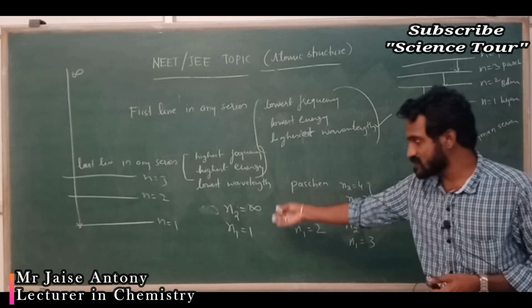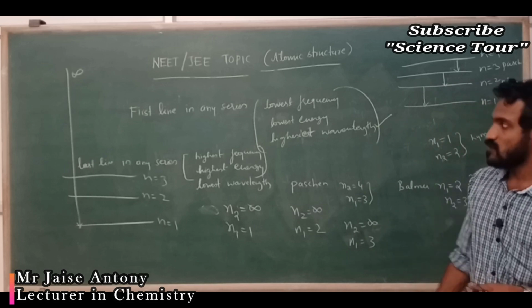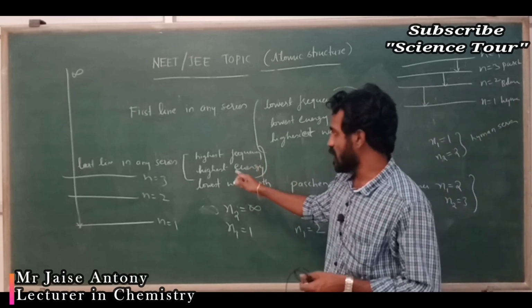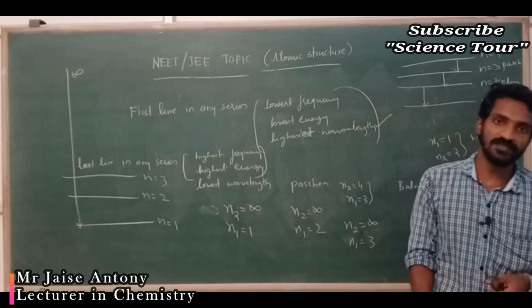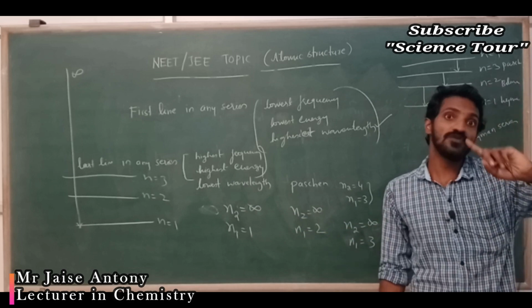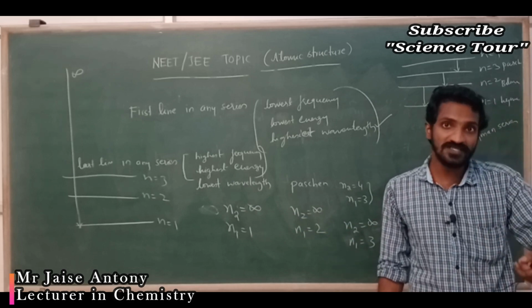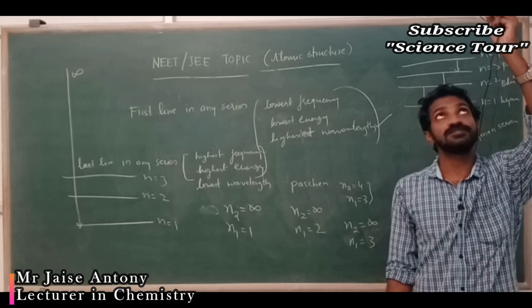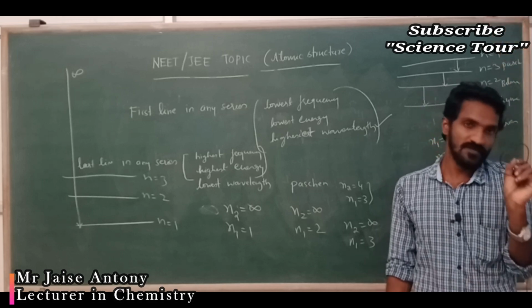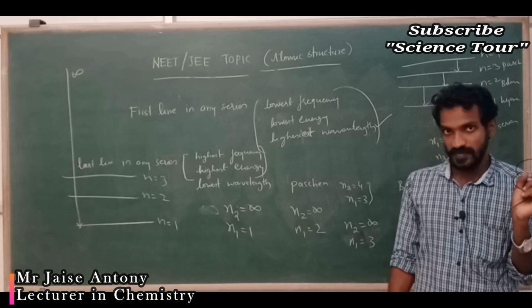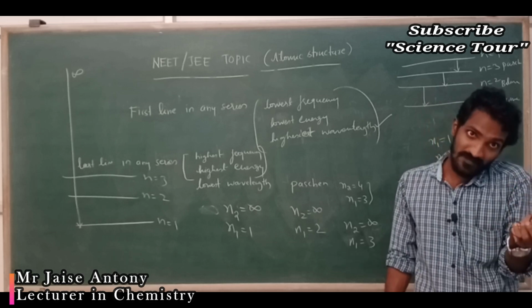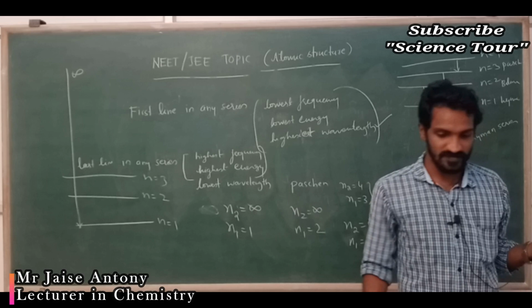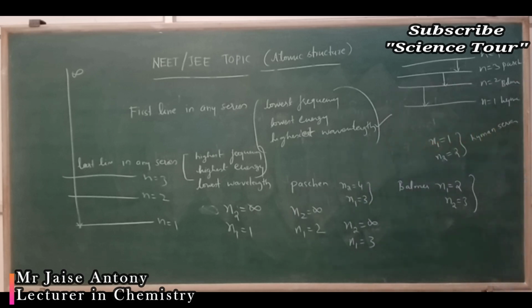This gives the last line. So it has highest frequency, highest energy, lowest wavelength. Highest jump, lowest wavelength; short jump, longest wavelength. Remember this term: highest jump, shortest wavelength; shortest jump, highest wavelength, vice versa.